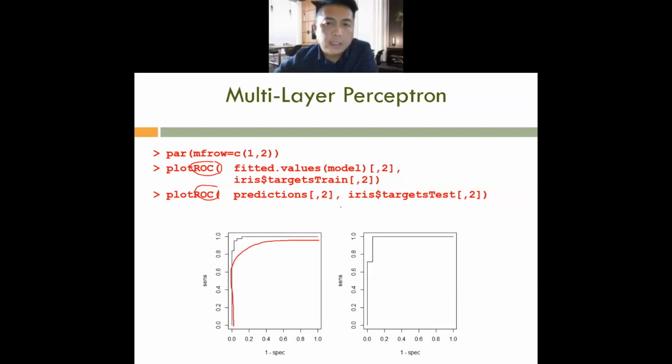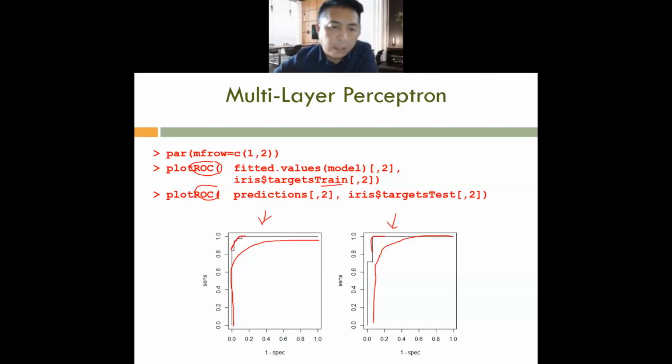This one is the ROC for the training, and this is the ROC for the test. For the training, your model is good, but for your testing we have a reduction here compared to here.